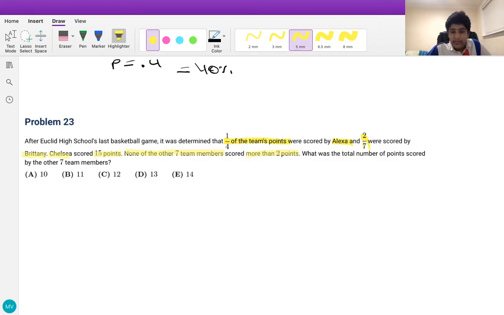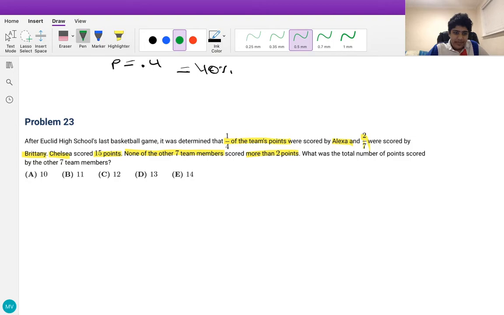So we first approach this problem by looking at these fractions. Since we know that 1/4 of the points were scored by Alexa, 2/7 were scored by Brittany, we can sum them.